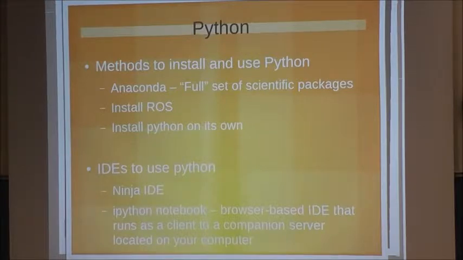Another method you can use is ROS. As I told you before, installing ROS is a great thing, even for this class. ROS automatically includes Python, which is great. It has built-in ROS support for Python in an API called rospy.